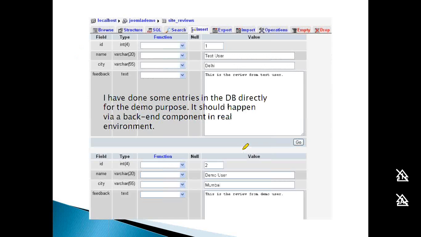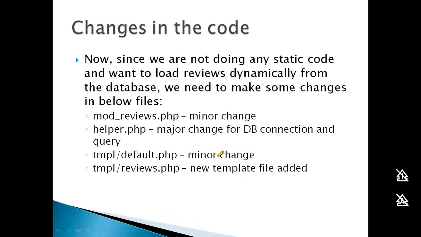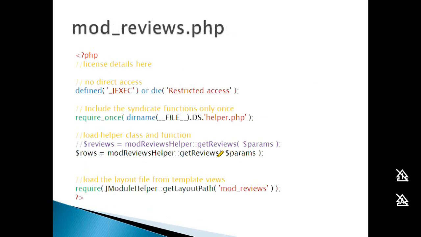There will be a minor change in the default.php file, and a new template file will be added called reviews.php, where the complex display of the reviews will be done.